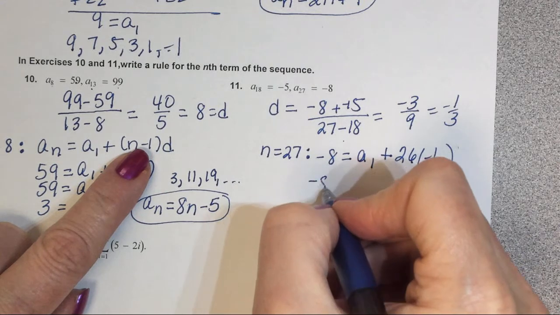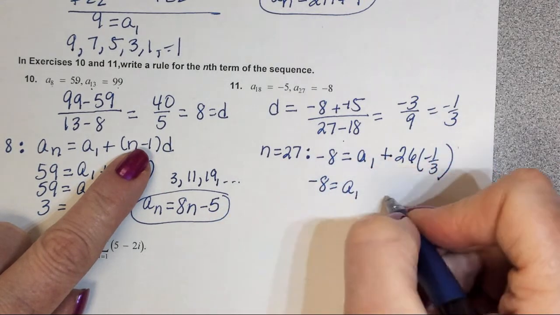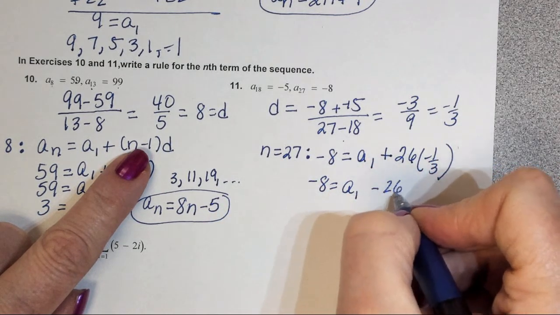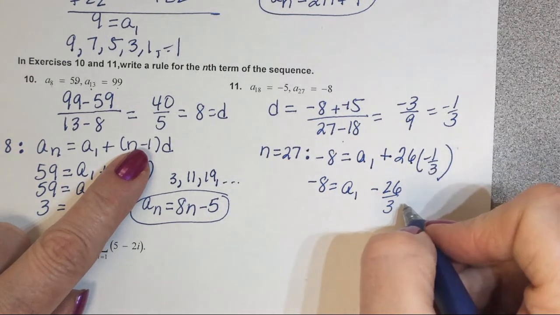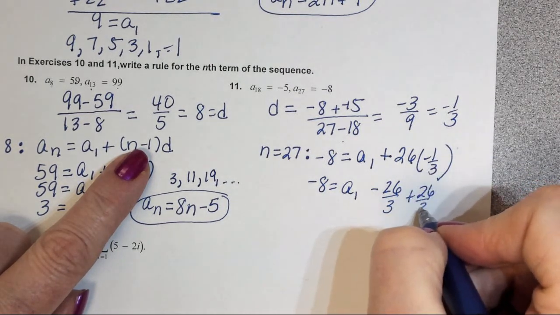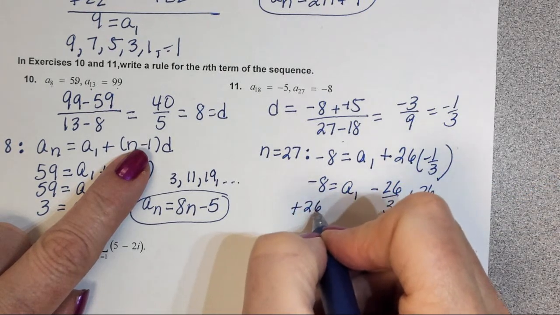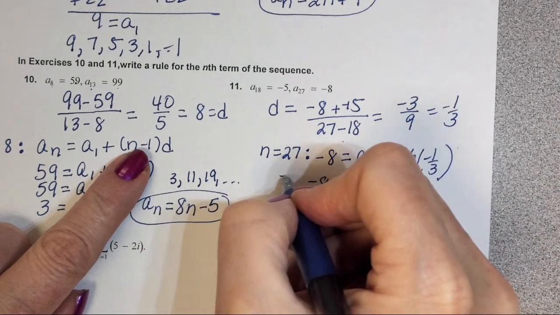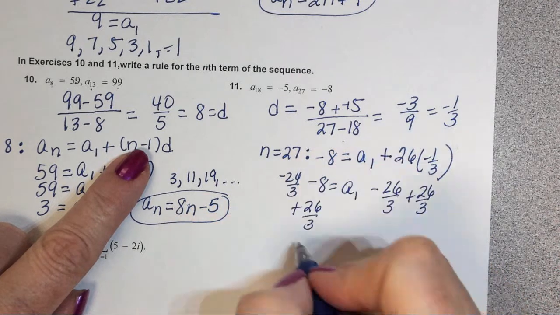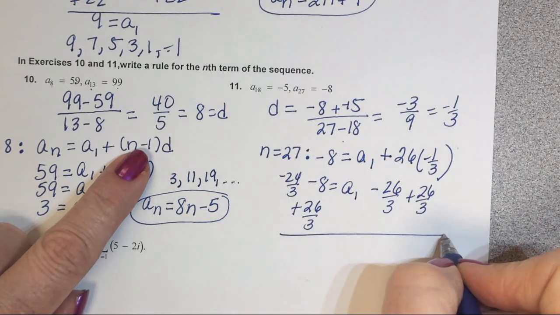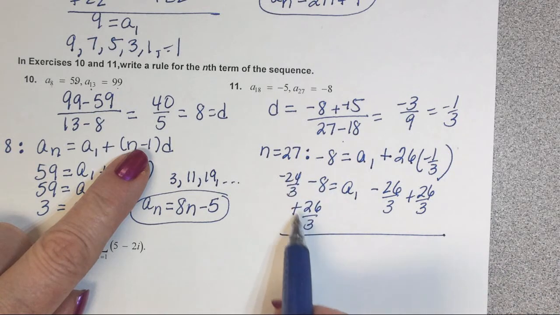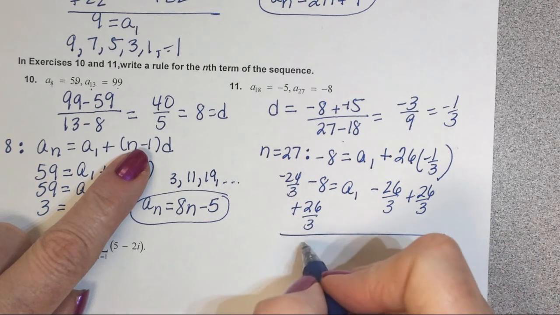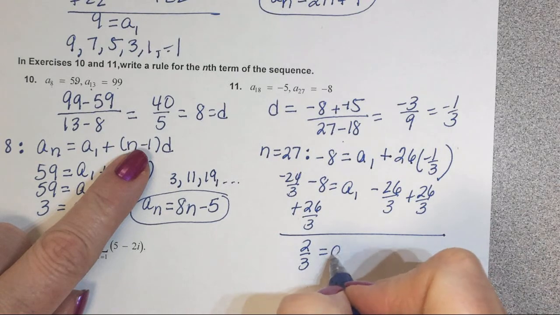So I'm going to have negative 8 equals a sub 1 minus 26/3. I'm going to have to add 26/3. Well, I know this would be negative 24/3. Everybody with me here? I'm just rewriting negative 8 as negative 24/3 so I can add. So then 2/3 is going to be a sub 1.